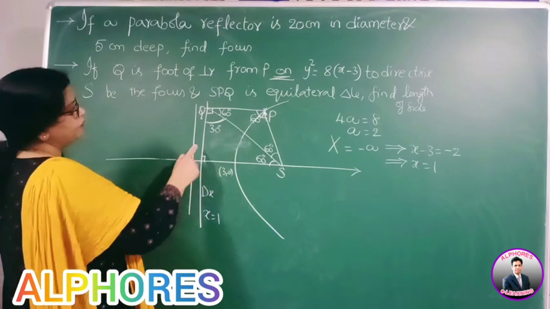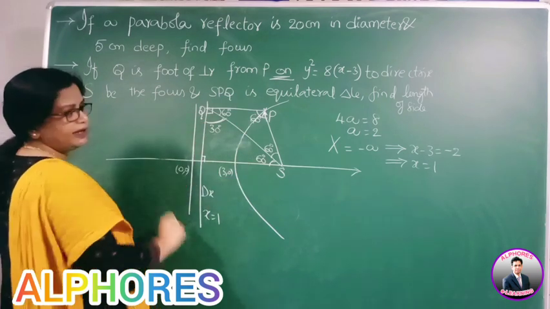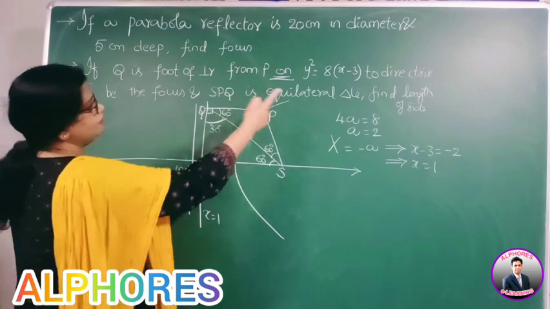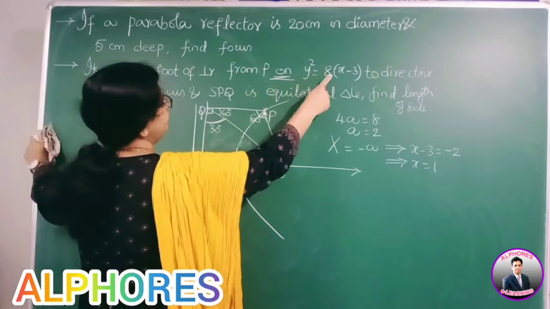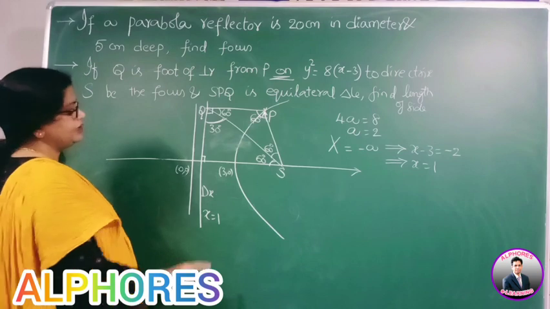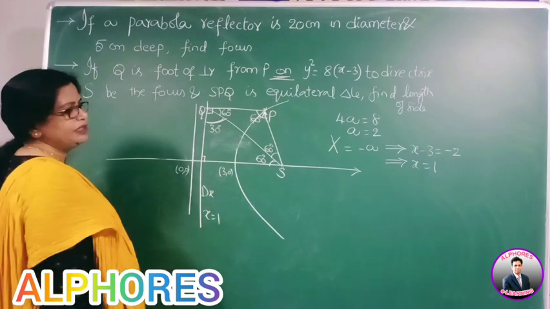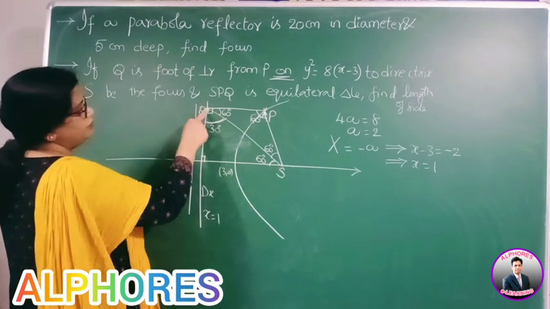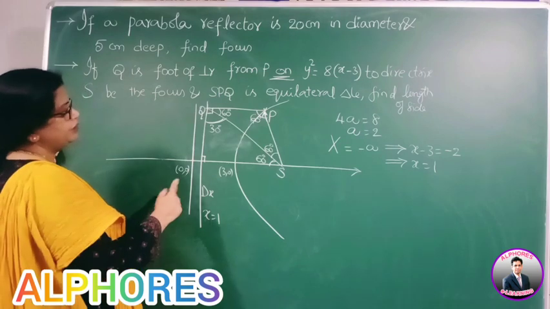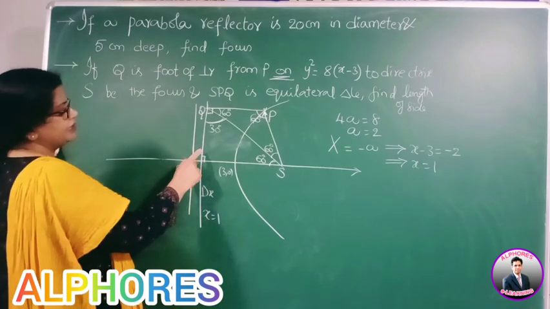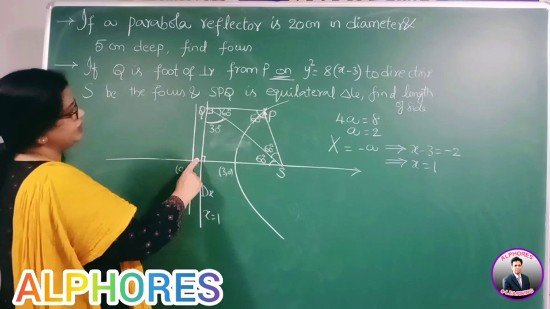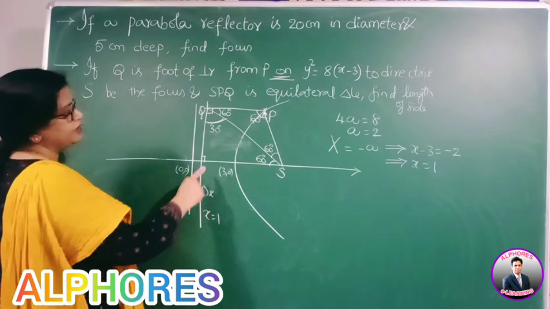Now students, as this is our requirement, let us observe this right-angled triangle and find the required value. The parabola given is y square equals 8 into (x minus 3). So this is our (3, 0) point, and the requirement is SQ. You can simply make use of sine 60 degrees.